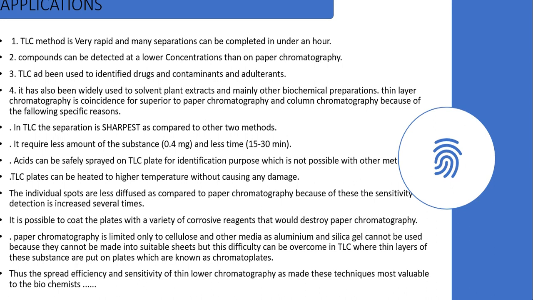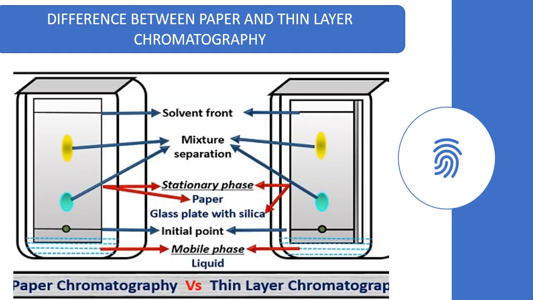biochemists. Next, let's have a look at the difference between paper chromatography and thin layer chromatography. I told you already why thin layer is superior to paper chromatography, but I just want to mention it again so that you will remember well. So here is thin layer chromatography and here is paper chromatography.